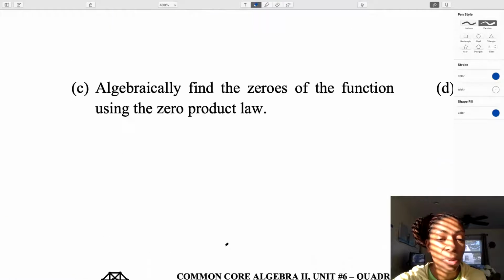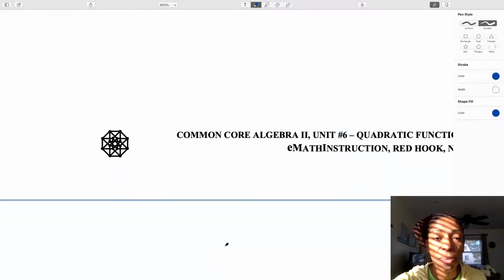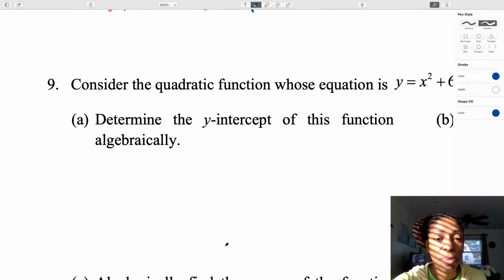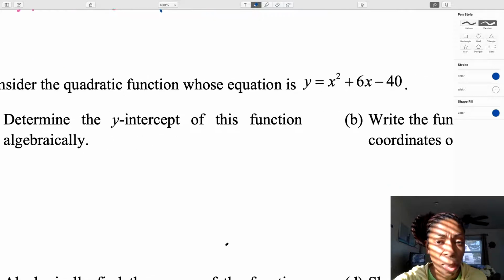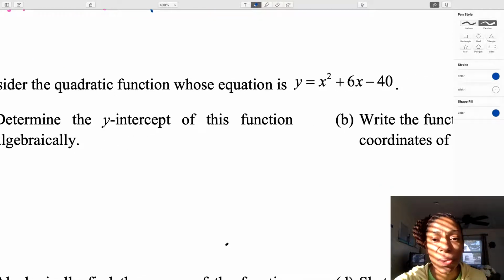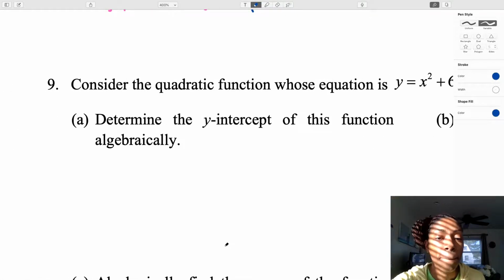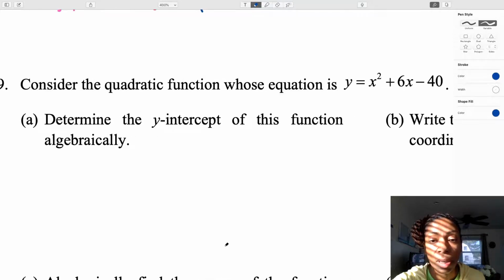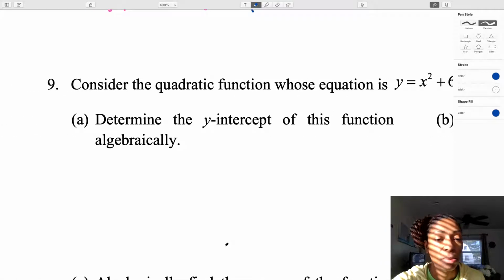I want to do number 9 with you. So let's go. Consider the quadratic function whose equation is y equals x squared plus 6x minus 40. Determine the y-intercept of this function algebraically.